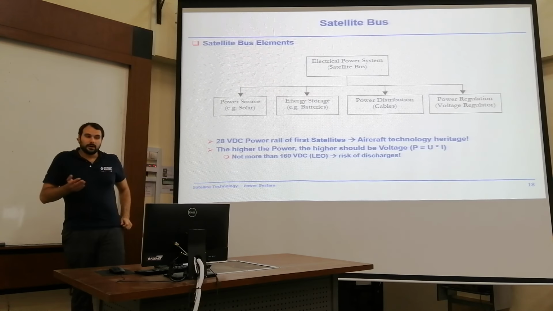And the required eclipse power, so whenever there's no sunlight, is supplied by the battery at those times. Batteries, we have seen a lot of different technologies we could use. And the solar power is generated for the bus power and the storage power during the sunlit phase.